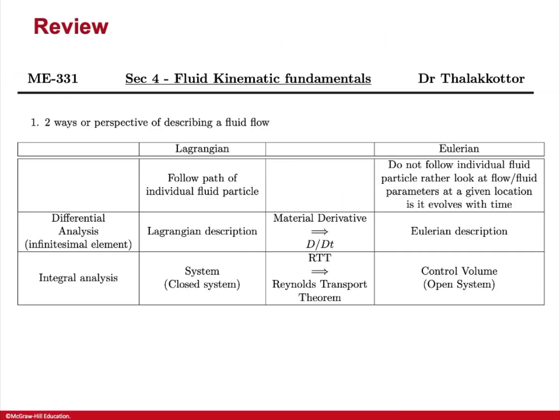So finally, if we want to recap what we did: when we talked about the Lagrangian description, we are following the path of an individual fluid particle, tracking the flow as it goes. In the Eulerian description, you do not follow an individual particle; rather, you look at a flow parameter of the fluid at a given location as it evolves with time.